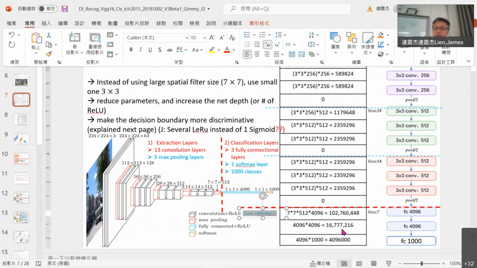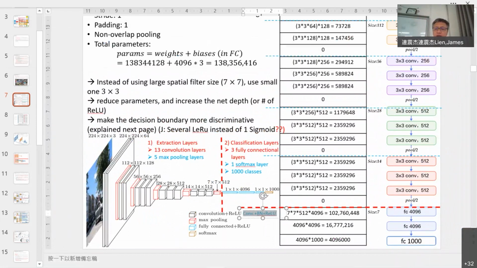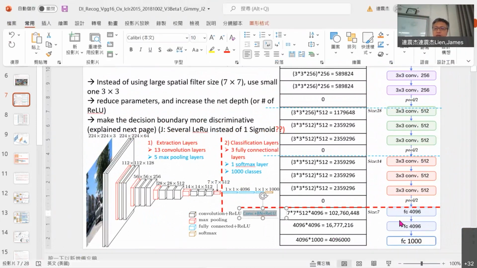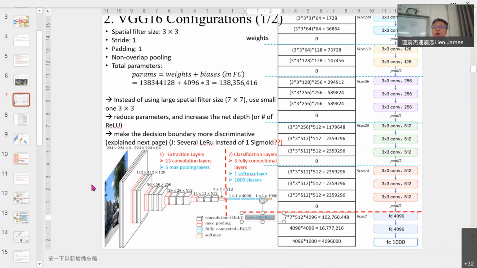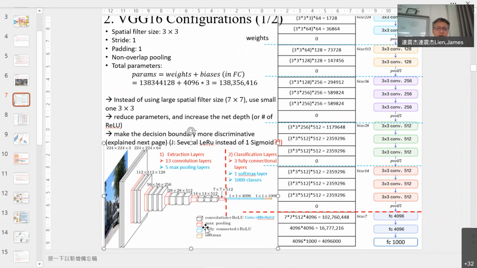What I'm trying to say is, sometimes you can use the same structure, the same network, but change some parts of the network. The red one is maximum pooling, and this one is the fully connected layers, that's a neural network.